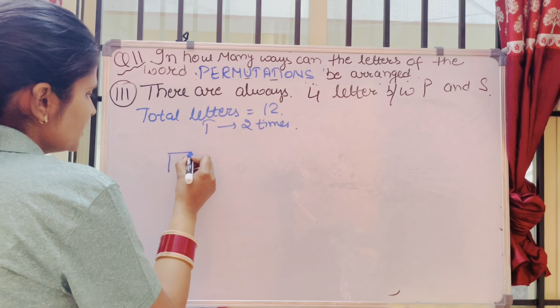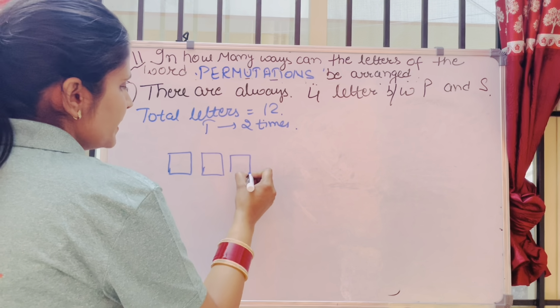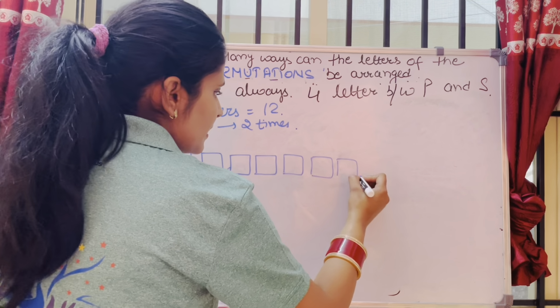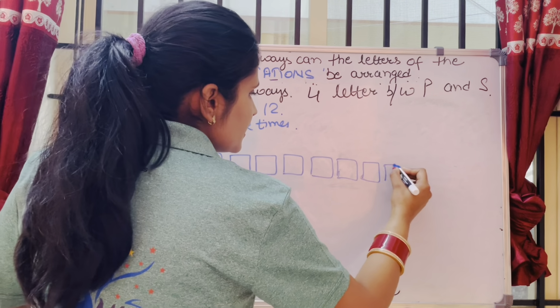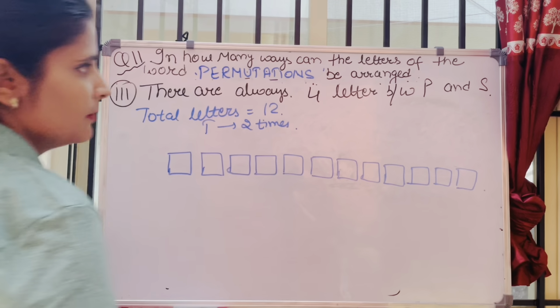So 4 letters between P and S. First make 12 boxes: 1, 2, 3, 4, 5, 6, 7, 8, 9, 10, 11, 12.